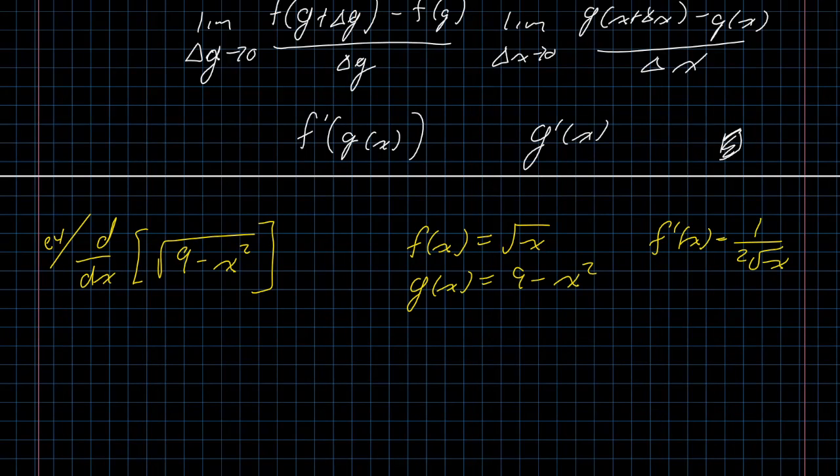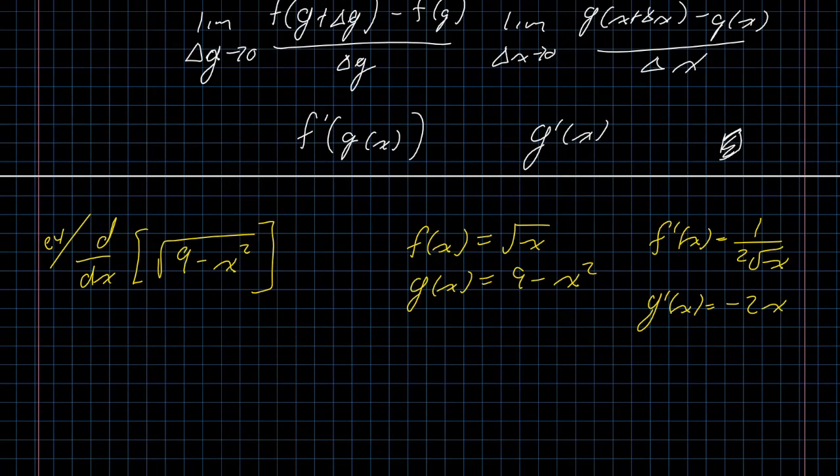I'm just going to write down the result to save a little bit of time. I don't expect you to know that offhand, but that's a problem we've already solved. And then the derivative of 9 minus x squared is going to be minus 2x, right? The derivative of a constant is 0. The derivative of x squared is 2x. We have a minus in there, so we're good to go.